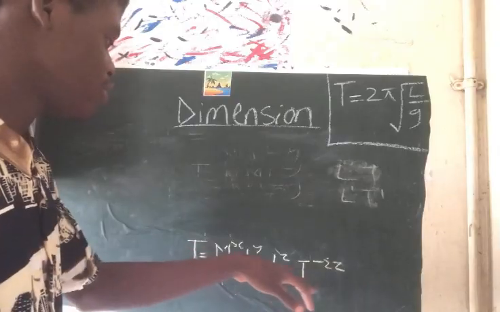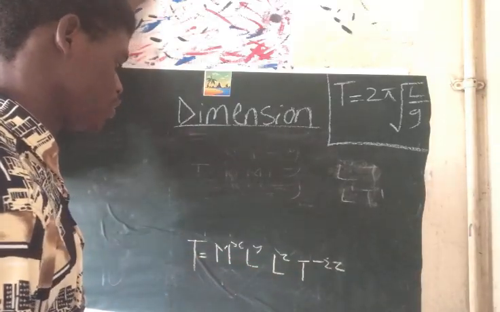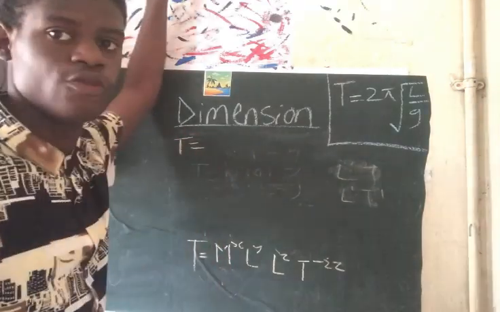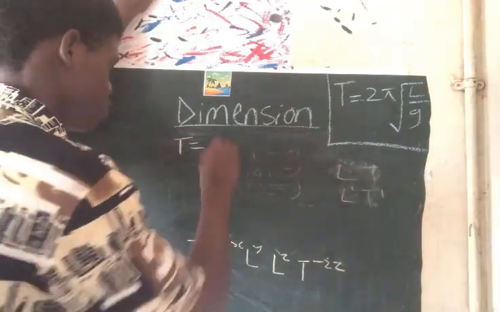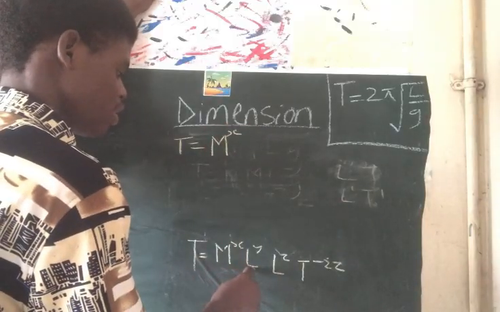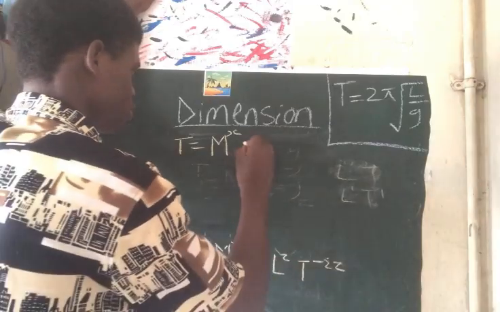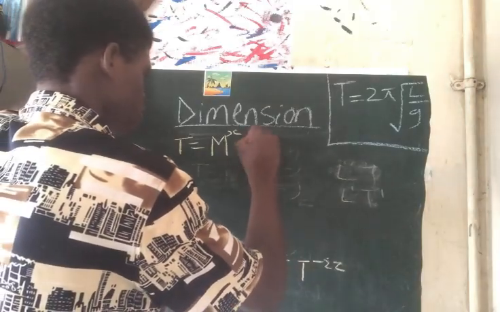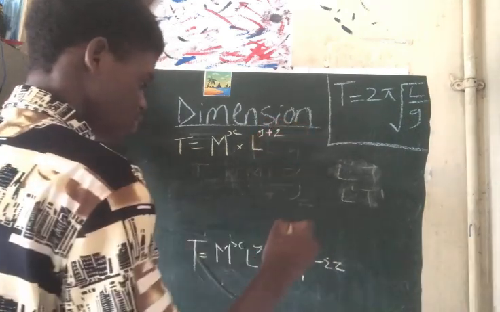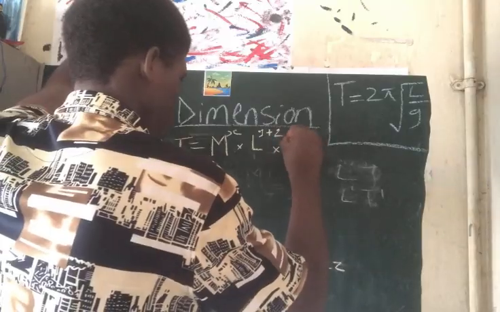After this, we're going to look for a way to simplify everything, so we move to indices. Collect like terms: M raised to power x is here. Looking at L and L, when we multiply, that will be L raised to power y plus z, times T raised to power minus 2z.